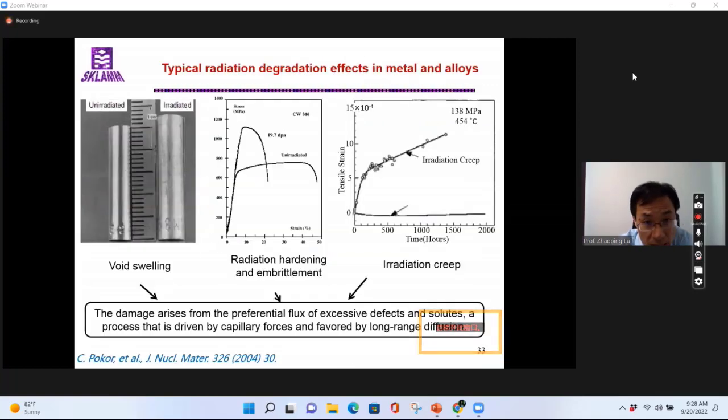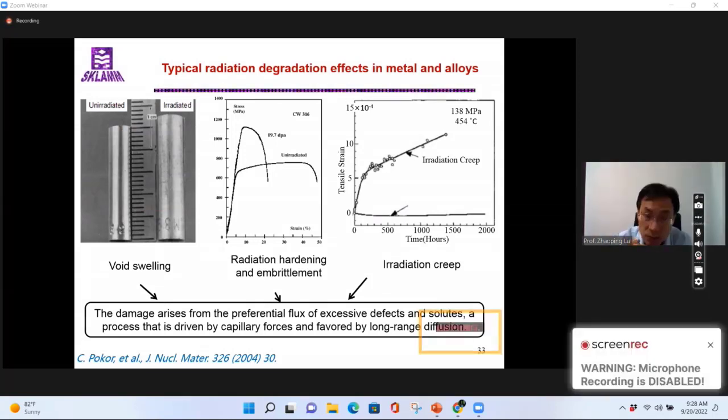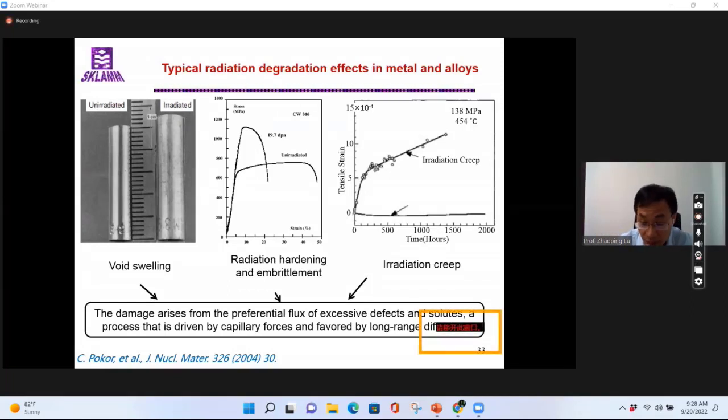Under a radiation environment, the material properties will be degraded due to void swelling, radiation hardening, and embrittlement, as well as irradiation creep. The damage actually arises from the preferential flux of defects; we need to eliminate these side effects from the irradiation.